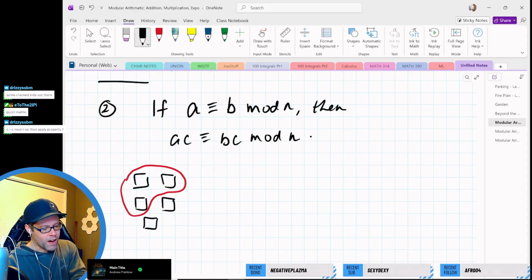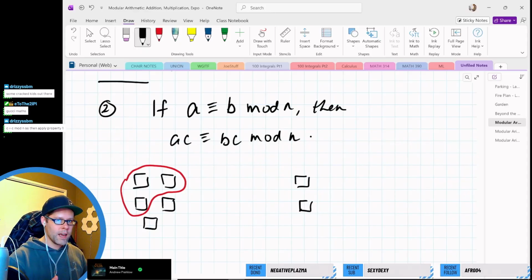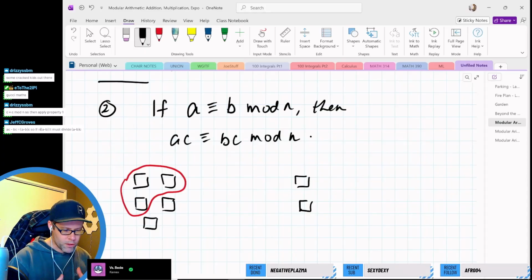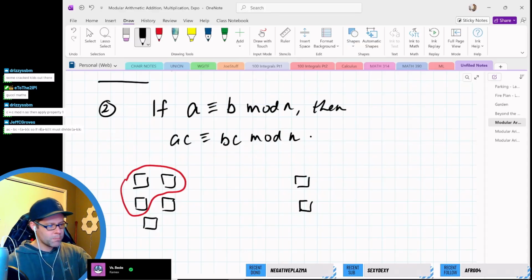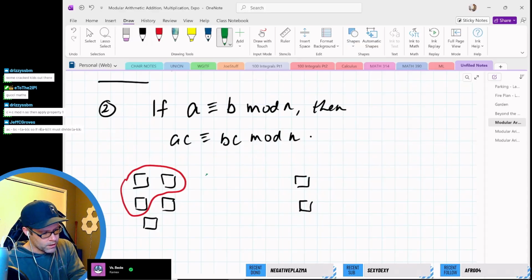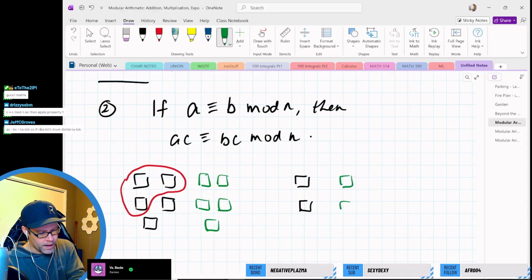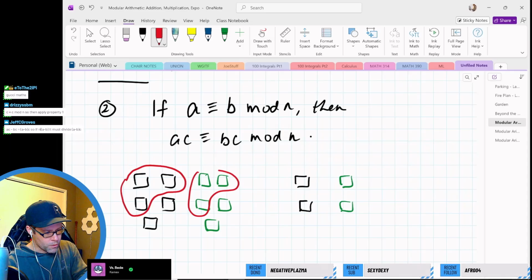We know that 5 and 2 look the same after I regroup by 3. Now, if I were to multiply both sides by 2, I'm going to take the left side and multiply it by 2, and take the right side and multiply it by 2.